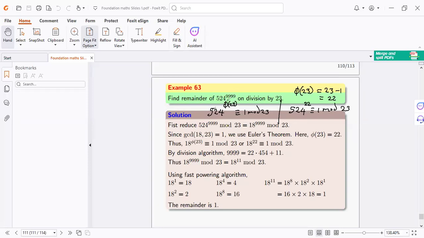But the power that I want is 999 4 times. In terms of this 22, 22 will go there 454 times, and the remainder will be 11.